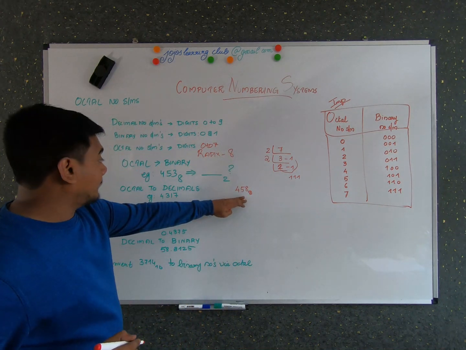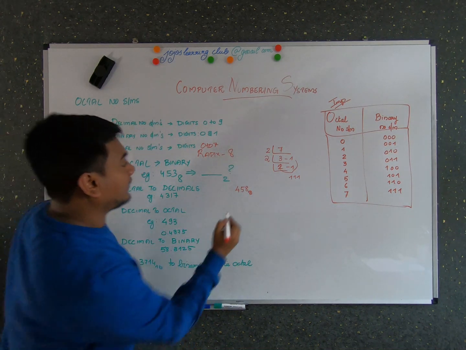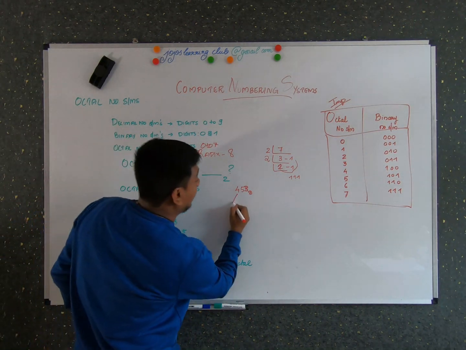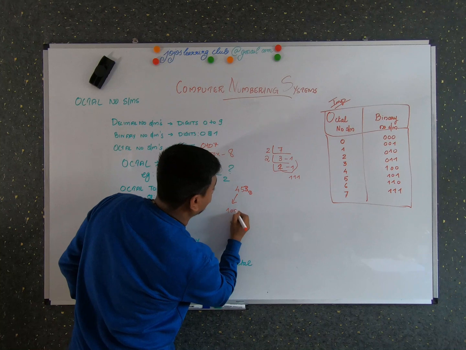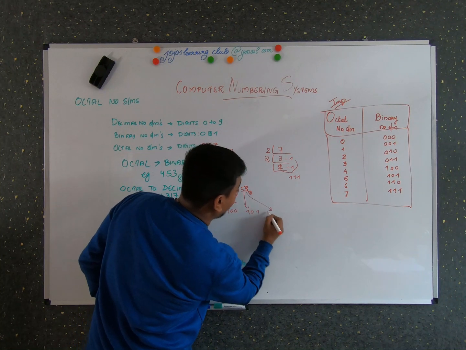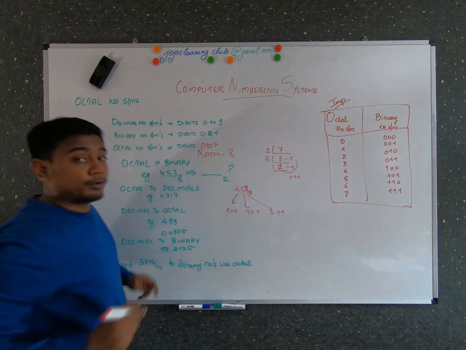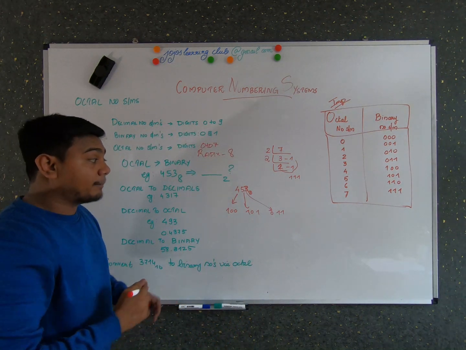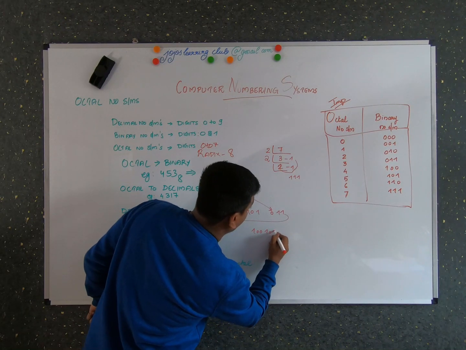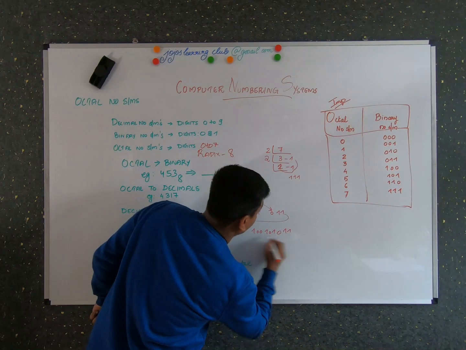So for the octal number 453, you can represent 4 as 100, 5 as 101, and 3 as 011. To write it in binary, you just group them together: 100 101 011, that's it.